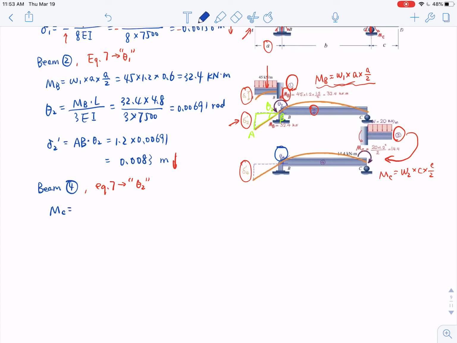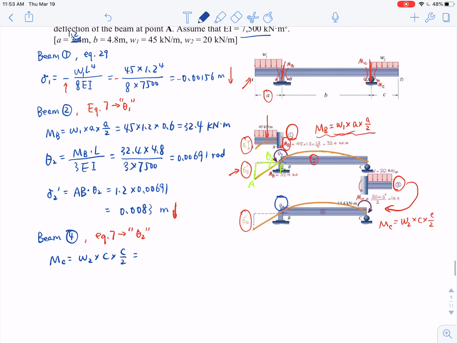MC equals W2 times C over 2. That is 20 times C, and the C value is also 1.2.